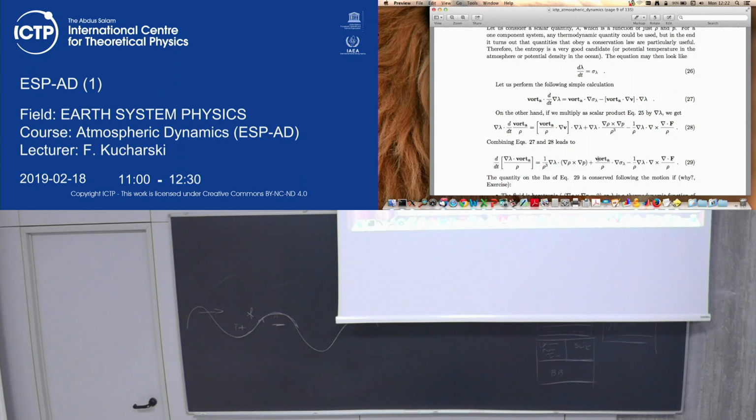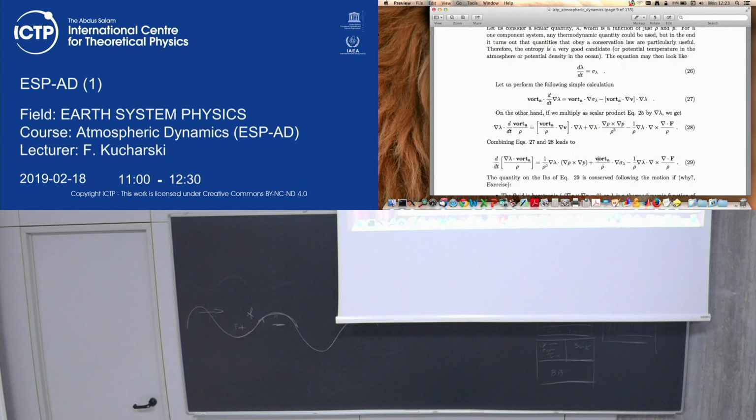And then on the other hand, we can multiply the vorticity equation, this slightly modified vorticity equation, by the gradient of the thermodynamic quantity lambda. And then everywhere we multiply the scalar times gradient lambda: gradient lambda times the frictional force, the sinusoidal term, and this additional term.